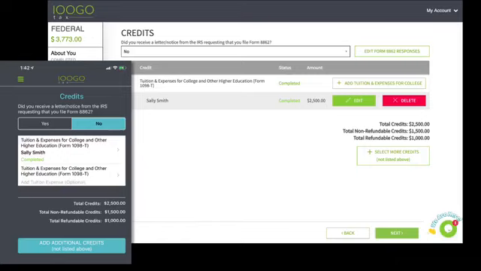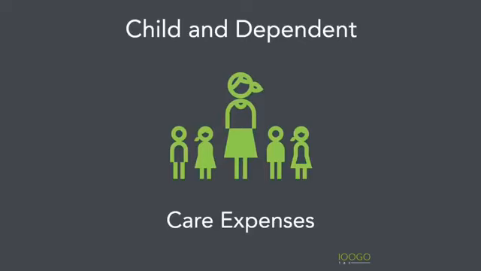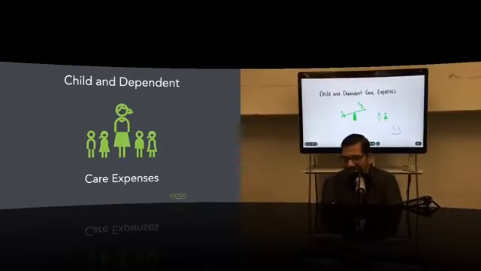You can just enter the information, and we're going to show you how to do that later today. But we'll go back to the main point, which is child and dependent care expenses. So let's go one by one. There are 3 or 4 things that we're going to talk about, but I want you to understand how this works.